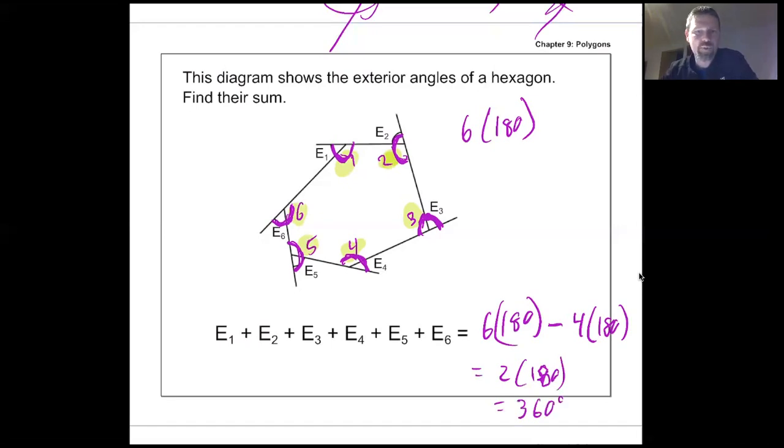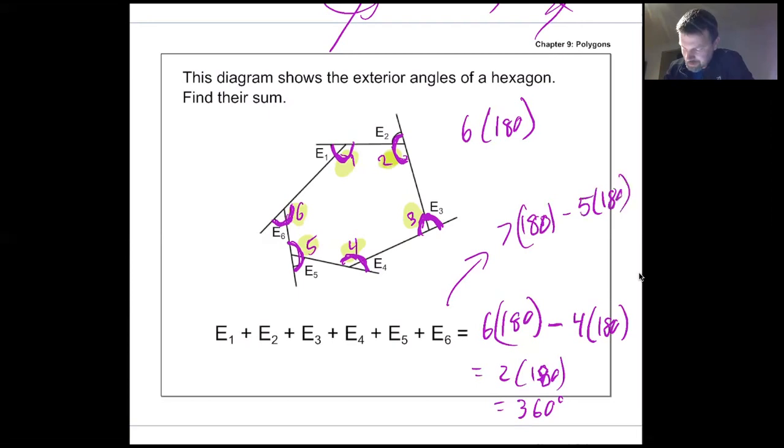Now that seems like a lot of work to go through every time, but it's not going to matter how many sides my polygon has. If I had 7 sides, the formula would have been 7 times 180 minus the sum of the interior angles of a heptagon, which would be 5 times 180.